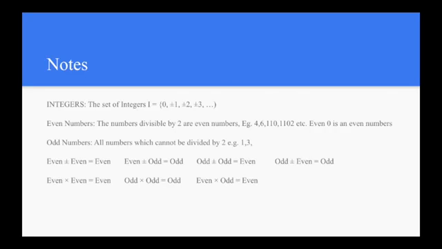Even multiplied by odd would always give me an even number as a result. And odd multiplied by odd would give me an odd number as a result.